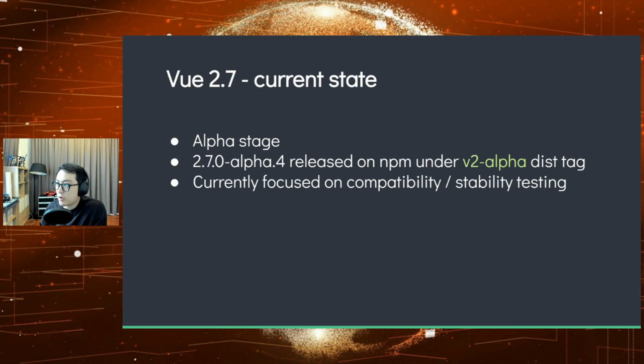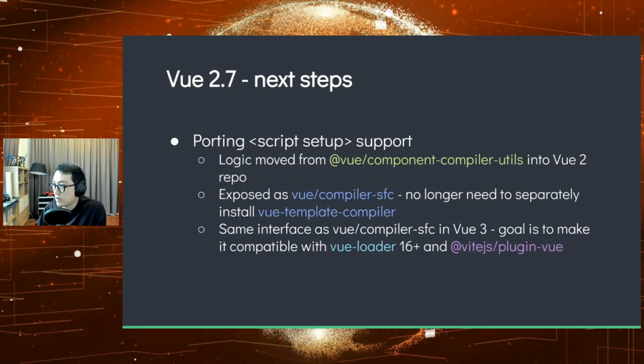Currently we're focused on compatibility and stability testing in existing codebases. If you have big projects running on Vue 2, try opting into the alpha to see if it's compatible and report issues to us. That would really help.